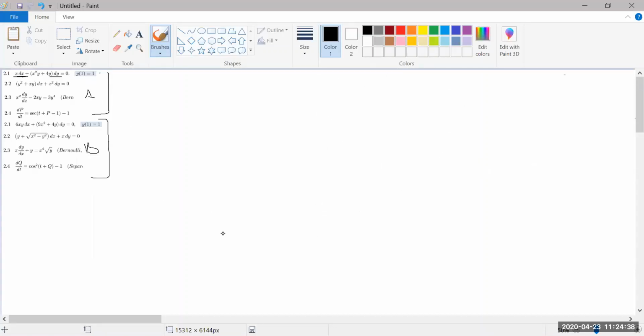Okay, so we can start on 2.2b, which gives us y as the square root of x squared minus y squared, x plus x dy equals 0. Okay, and we're going to solve that using the same substitution we used for the last one.